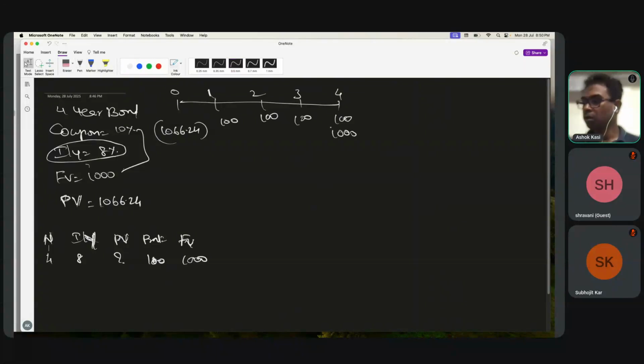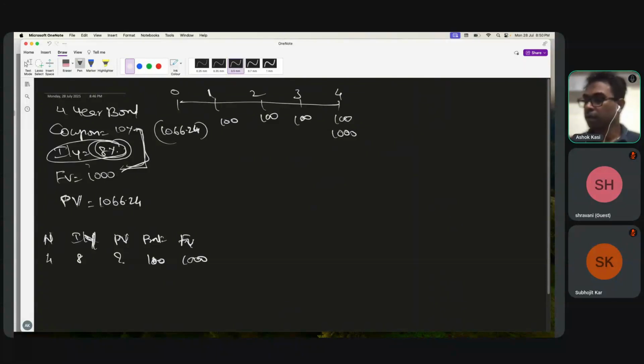So when I hold this bond till maturity, I'm going to get 8 percentage. The coupon says 10 percentage. So practically, how much am I earning?